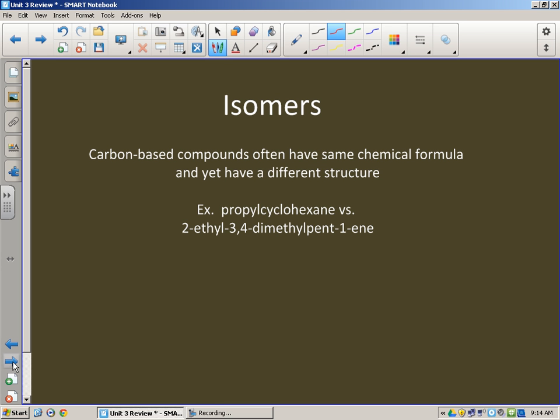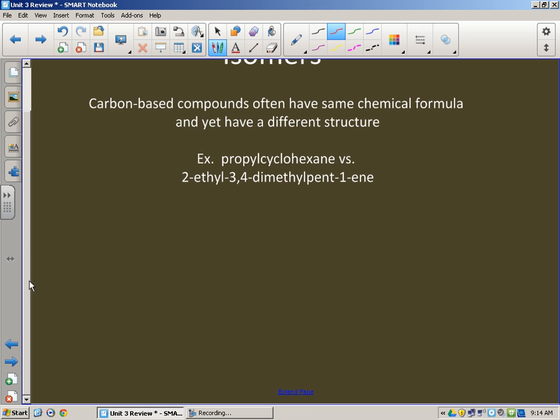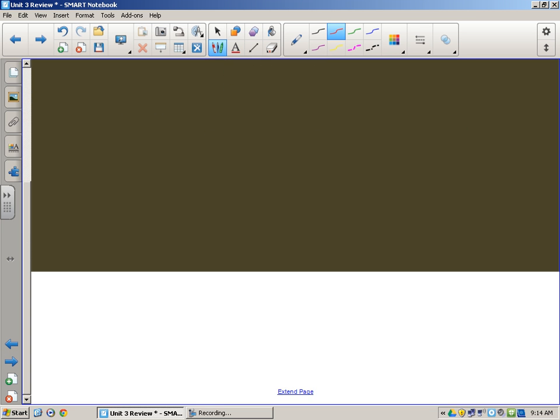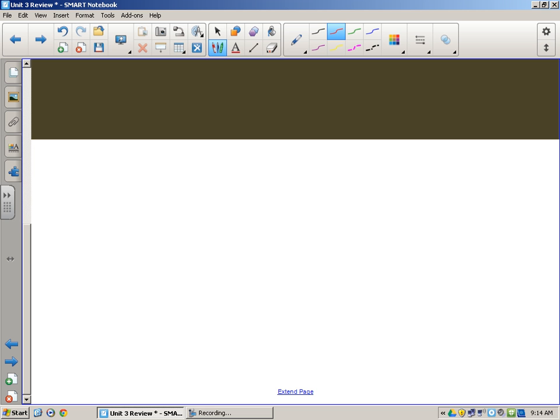Carbon-based compounds often have the same chemical formula but different structures. So we have propyl cyclohexane, so propyl cyclohexane. Let's see, what do we got here? 6 for the cyclohexane part, 7, 8, 9.